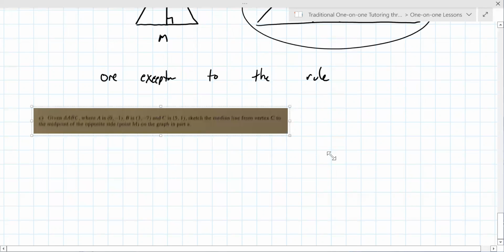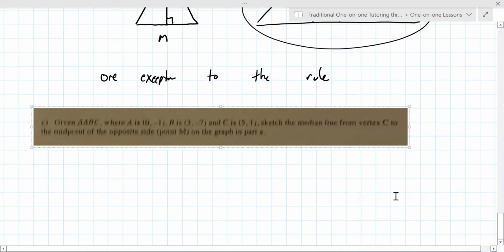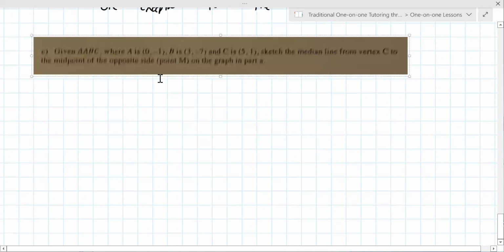All right, here's a problem I found. There's a new triangle: A is (0, 1), B is (3, -7), and C is (5, 1). Let me graph this.